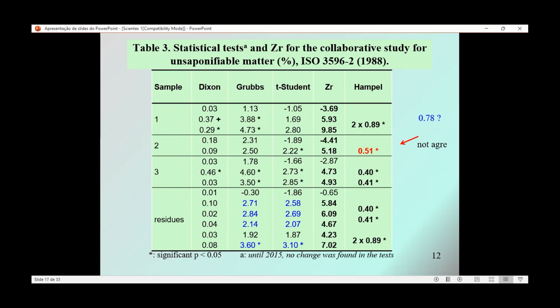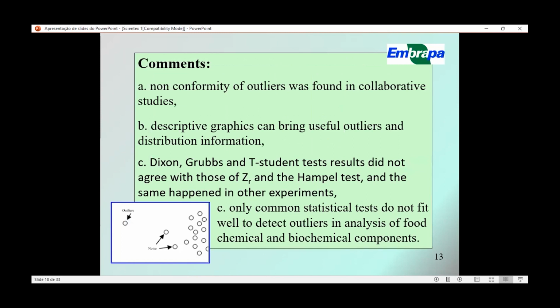Thus, we have the conclusion that non-conformity of outliers was found in collaborative studies. Descriptive graphics can bring useful outlier and distribution information.